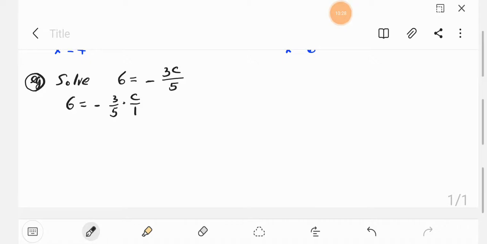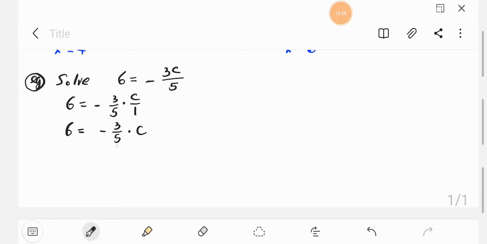We can separate it like this because 3c is a product in the numerator. So the original equation can be rewritten as 6 equals negative 3 over 5, which is a fraction, times c. So this is a product.